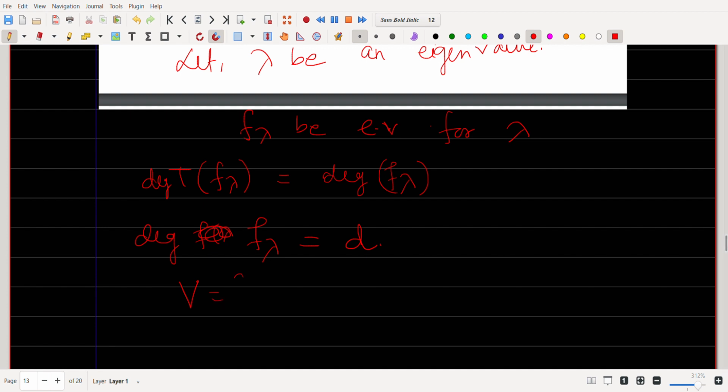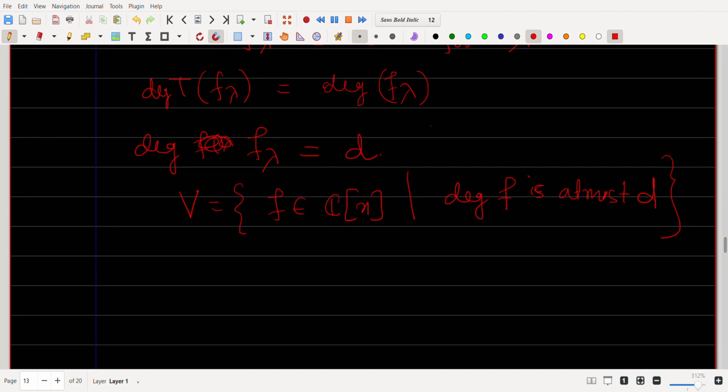Now you can consider a V, the set of f belonging to Cx such that the degree of f is at most d. You can consider this V, and then clearly V is an invariant subspace under T. Why?